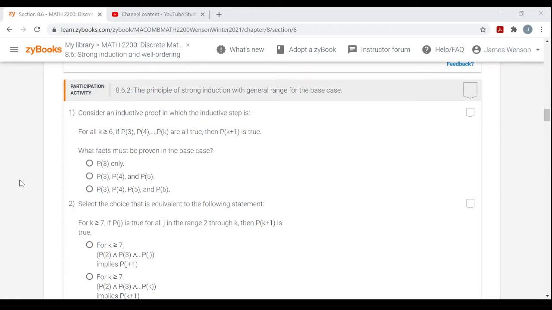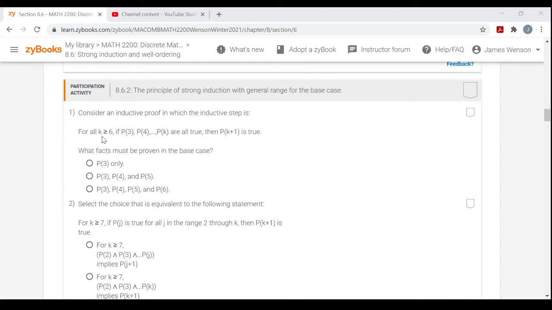All right, so here, consider an inductive proof in which the inductive step is for all k greater than or equal to 6, if p of 3, p of 4, all the way up to k are true, then p of k plus 1 is true. If this was the inductive step, what must be the base case?